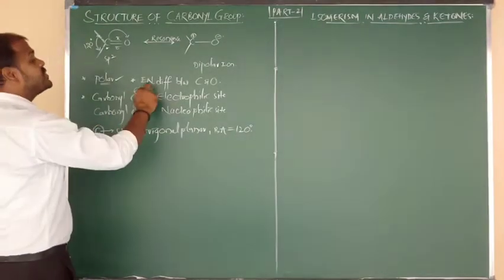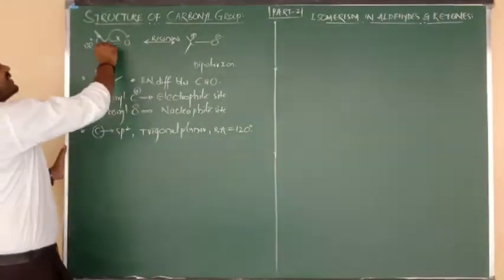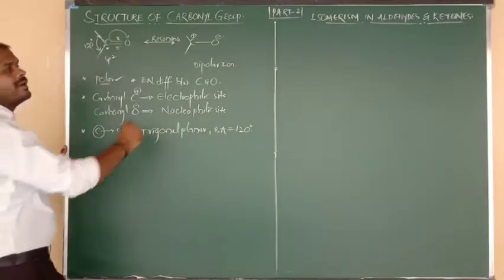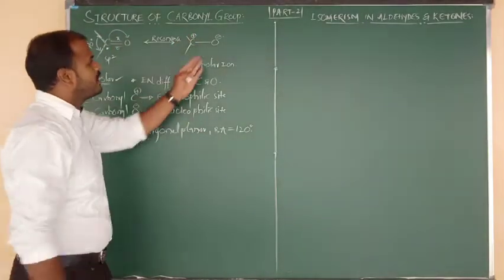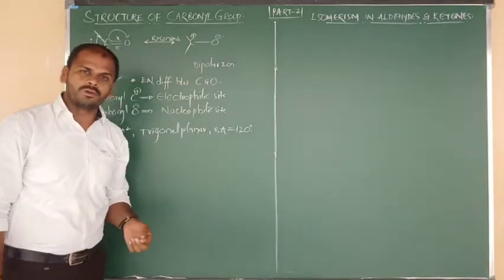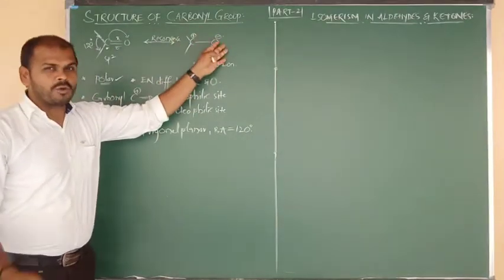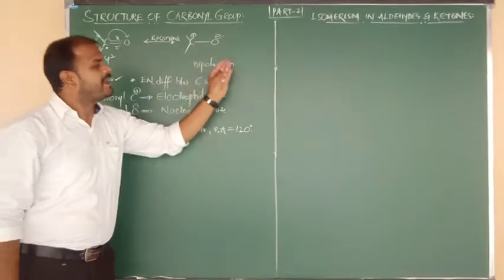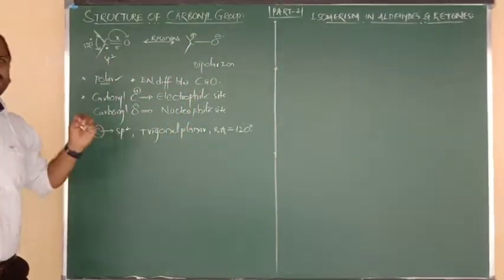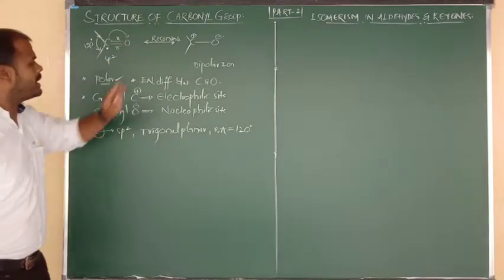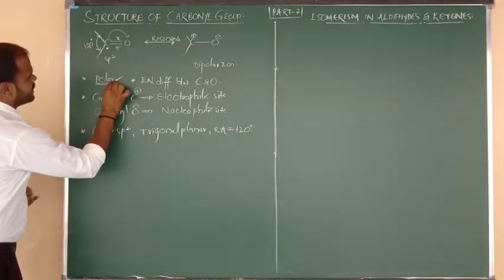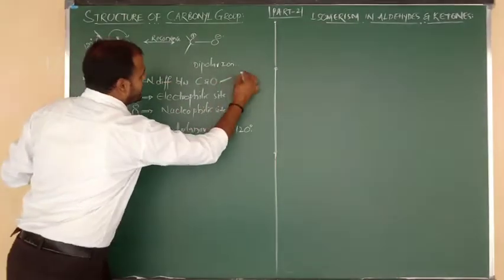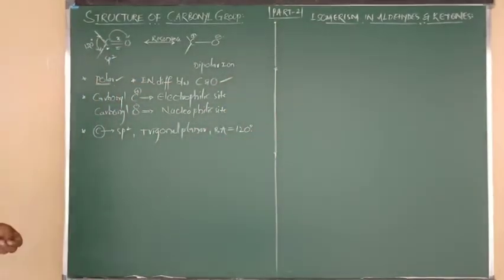Due to this difference, transfer of the pi bonding electron takes place, so carbon carries a positive charge and oxygen a negative charge. Positive pole, negative pole, so we can say it is a dipolar ion. Finally, all carbonyl compounds are polar in nature due to the electronegativity difference between carbon and oxygen.